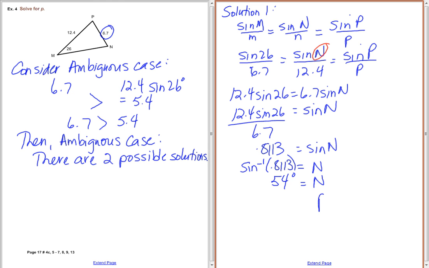If I have 54 degrees for N, I can find P by subtracting from 180. I already had 26 degrees, I just found 54, so angle P would be 100 degrees.